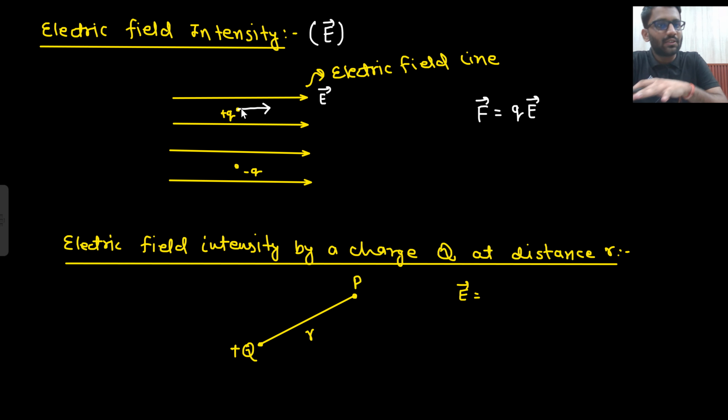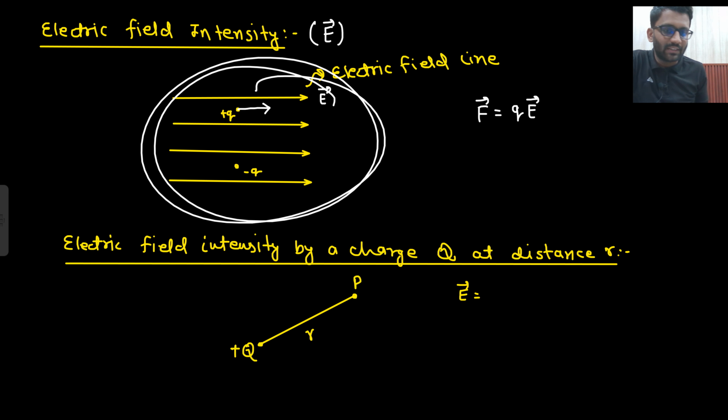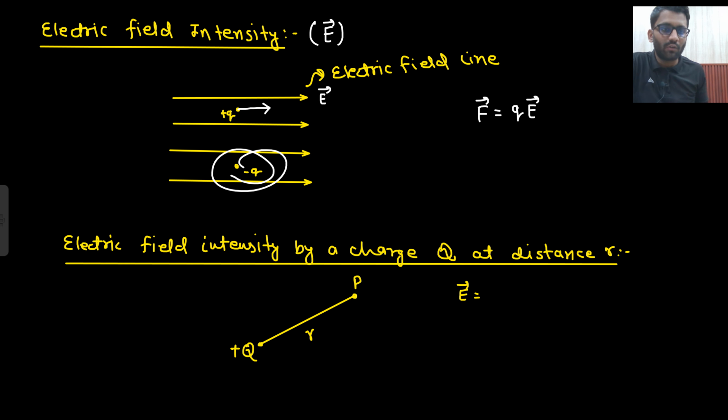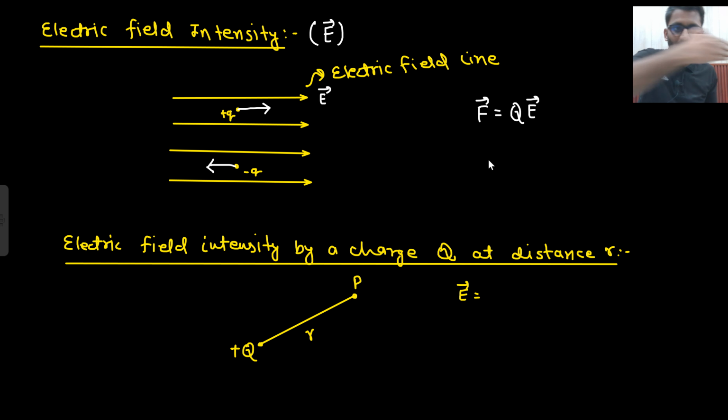Now if it is minus Q, what will be the direction of the force? If you just put minus here, then the direction will be opposite. So instead of showing Q, I am showing capital QE here. This Q could be positive as well as negative. If it is positive, the force will be in the direction of the electric field only. If it is negative, then the force will be in the opposite direction of the electric field, right?